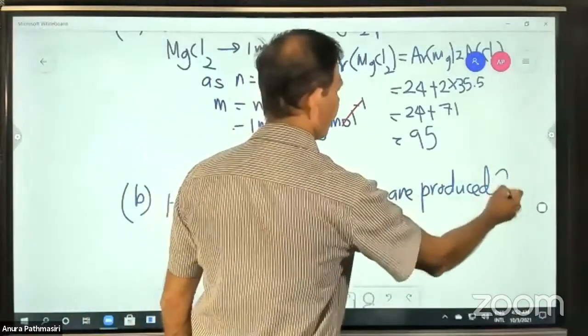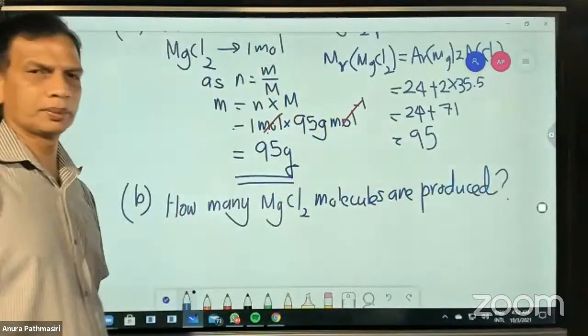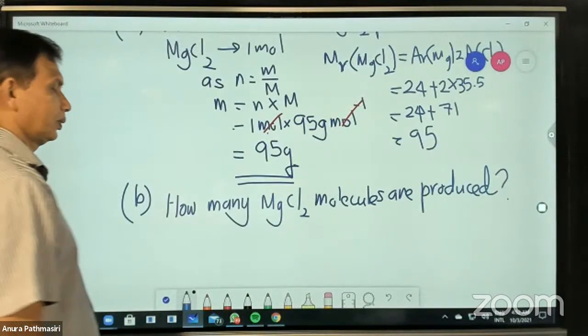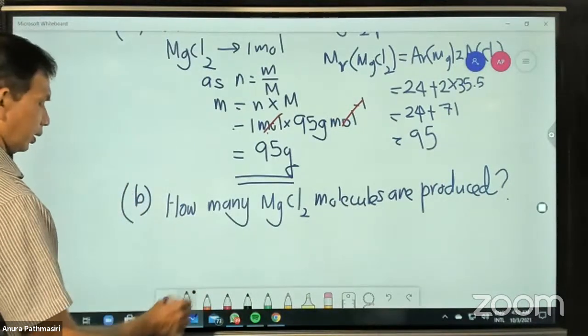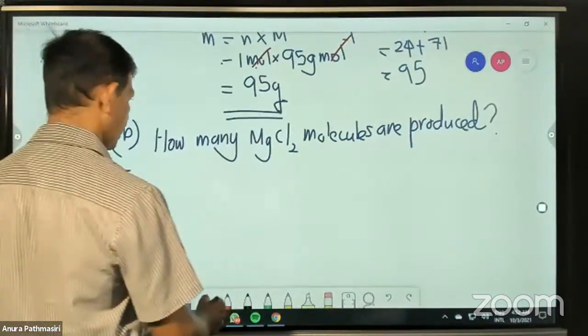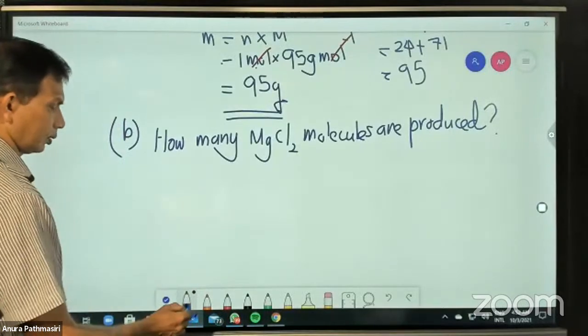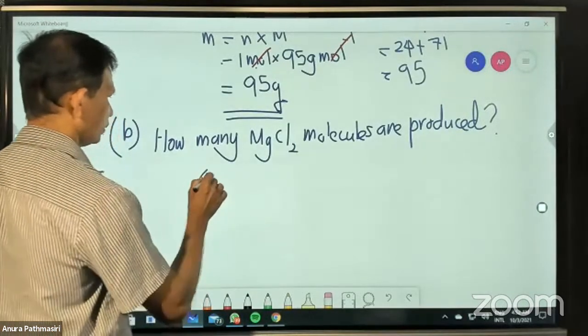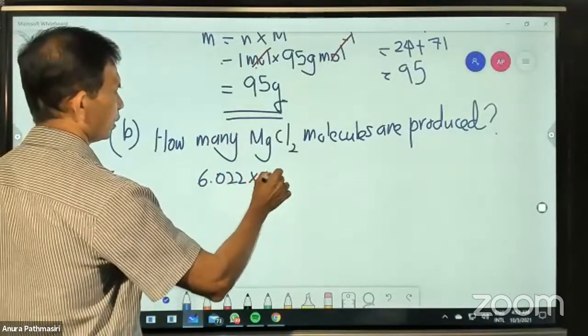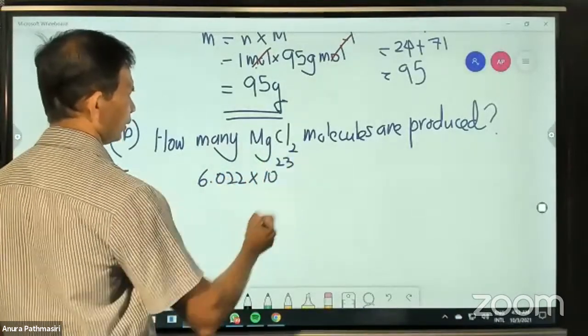How many magnesium chloride molecules are produced? The answer is 6.022 times 10 to the power 23.